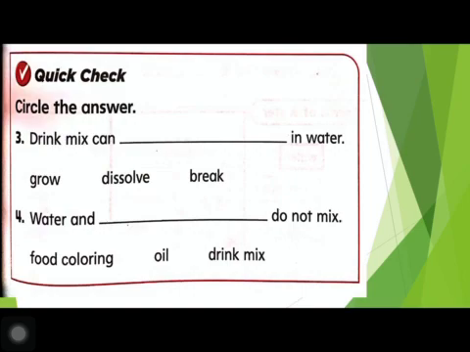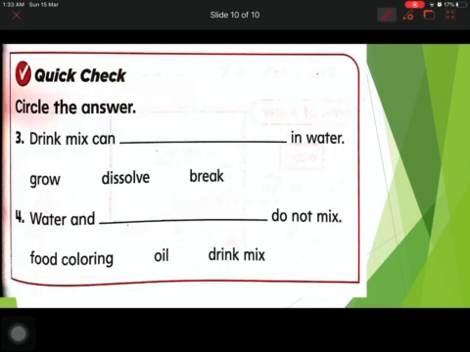I'm going to do number 3 with you, and you have to do number 4 on your own at home. Circle the answer. Number 3, drink mix can grow in the water, dissolve in water, or break in water.